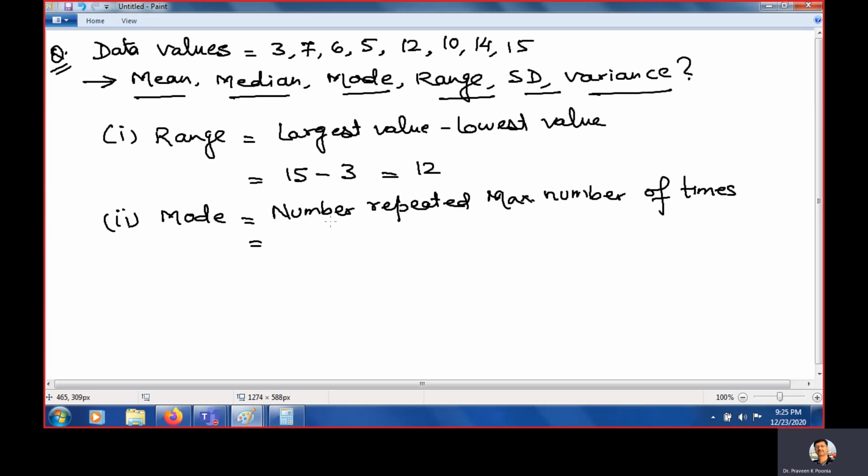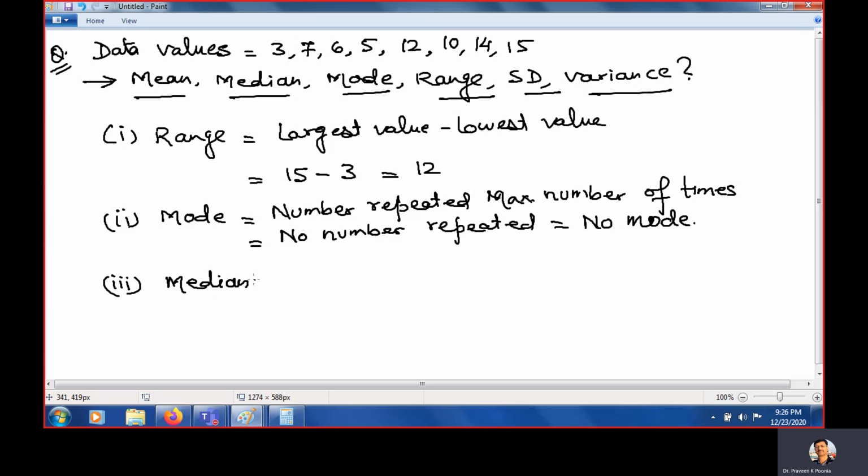So no number is repeated. Clear? If no number is repeated, it means no mode. That you need to remember. No mode.